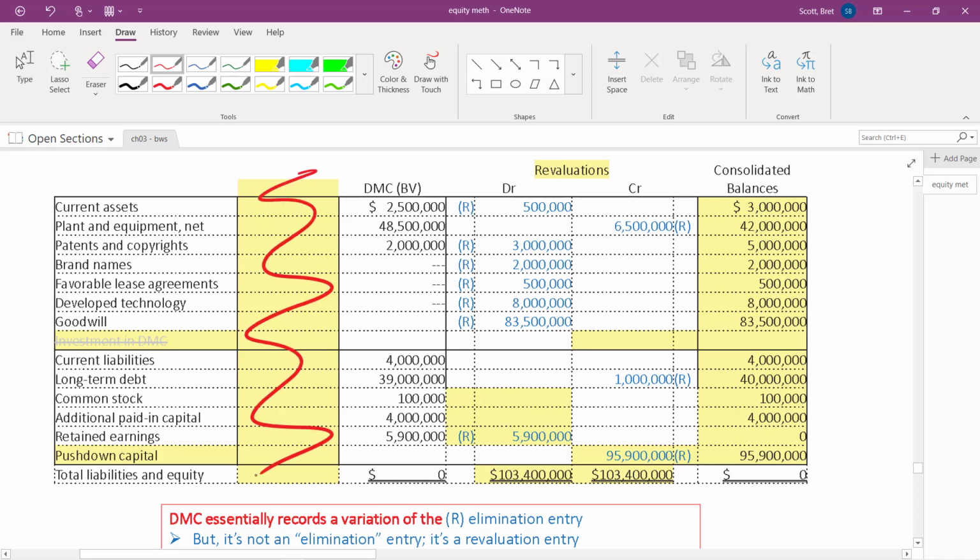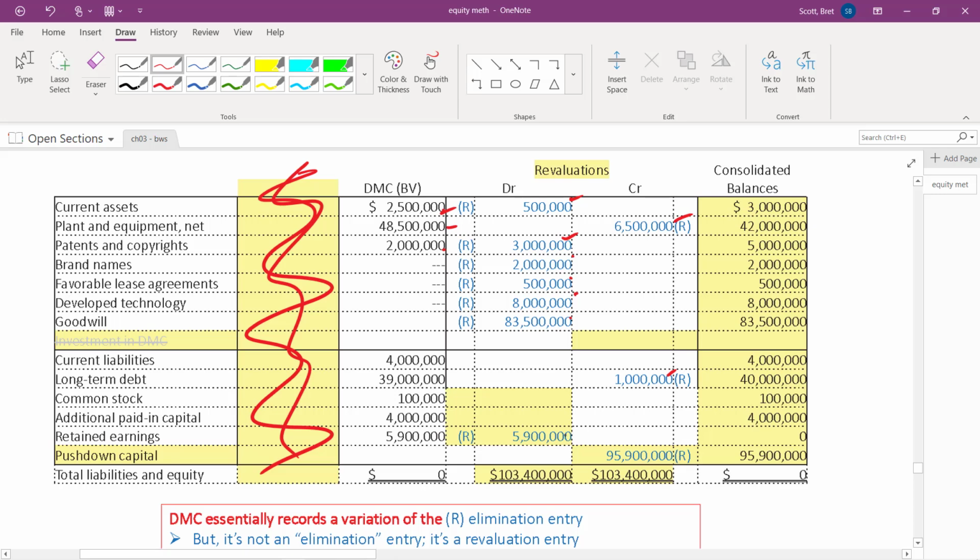It basically says, hey, Beerbo, give me that consolidation worksheet because I'm actually going to record some adjustments to my fair values for the sake of issuing my own financial statements. So Beerbo says, here's the consolidation worksheet, and DMC gets rid of all the balances from Beerbo and says, let's just show what our book values are, and let's just add, subtract, add, right? Increase that.